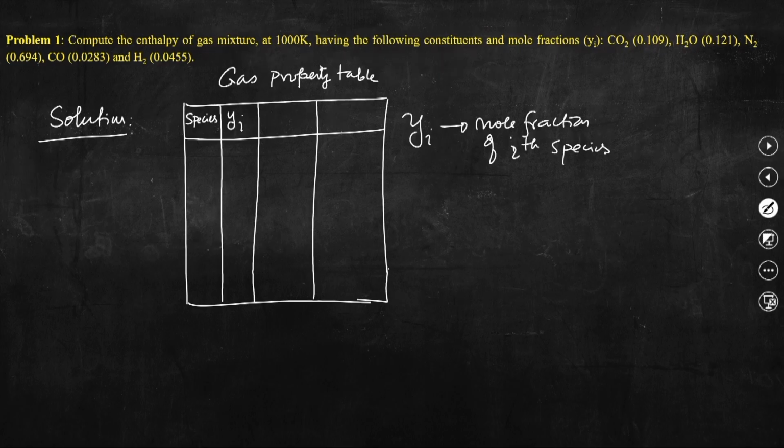And then here we need to know the enthalpy of formation, that is H bar F at reference condition 298, and then we have to calculate the sensible enthalpy change of species. So, this is delta H S I bar.